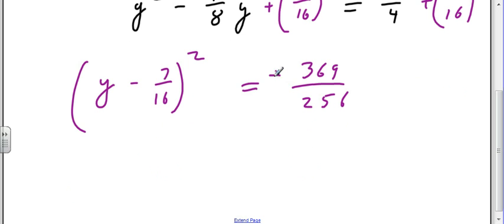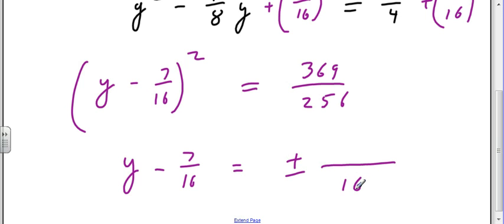And this would be plus or minus. So y, no, not plus or minus yet. It's going to be pretty soon though. So I got y minus 7 over 16 is equal to plus or minus something over 16. That's 13, right? No, that's not 13. What is the square root of 369? 3 the square root of 41?